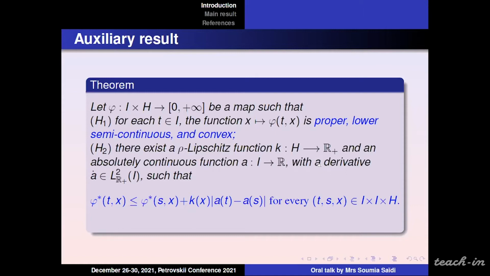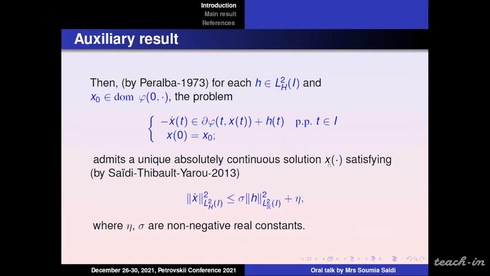And we have this estimate that involves the conjugate function and the two functions K and A. Under this assumption, if we consider a square integrable function h, in Peralba's thesis, 1973, for any initial condition in the domain of the function at 0, the problem governed by the subdifferential of a time-dependent function with a perturbation h and an initial condition has a unique absolutely continuous solution x. In 2013, by Saïdi Soumia, more developments on this problem were obtained, and an estimate in L2 of the velocity has been obtained, where sigma and eta are non-negative real constants.